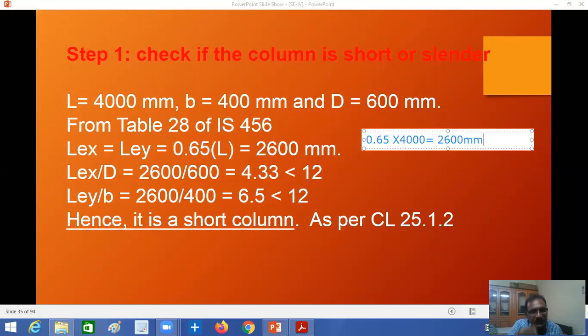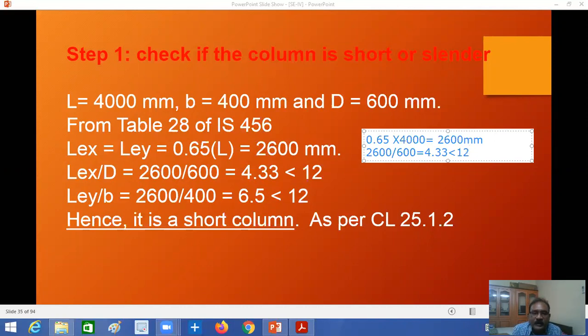Then you have to calculate whether it is a long column or a short column, as explained previously. So 2600 divided by 600, the first one. Calculate with a calculator, you will get 4.33, which is less than 12.